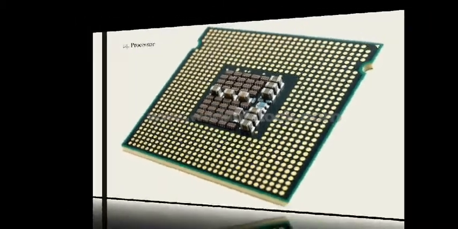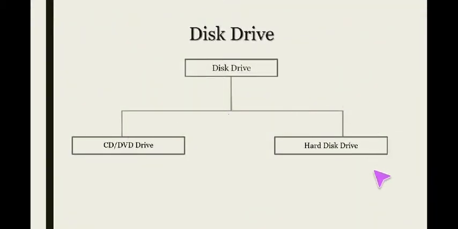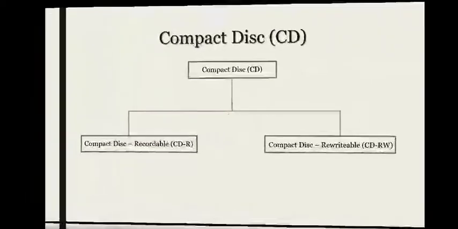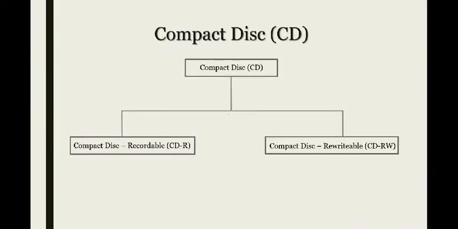Okay, next, disk drive. There are two types: CD or DVD drive and hard disk drive. A disk drive is a physical drive in the computer that is capable of storing data. It includes CD or DVD drive and hard disk drive. Compact disc, CD, is of two types: compact disc recordable and compact disc rewritable.